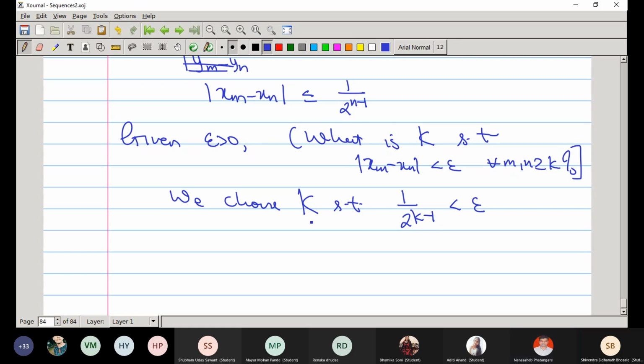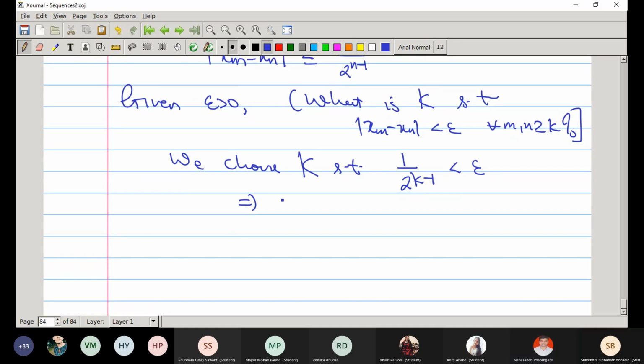Right. So how to choose this k? That means 1 upon epsilon is less than 2 raised to k minus 1. That means k is greater than 1 plus log of 1 by epsilon divided by log 2.